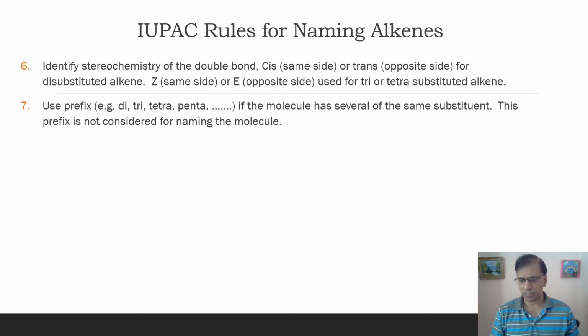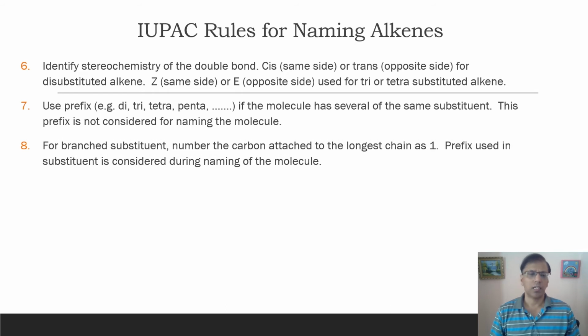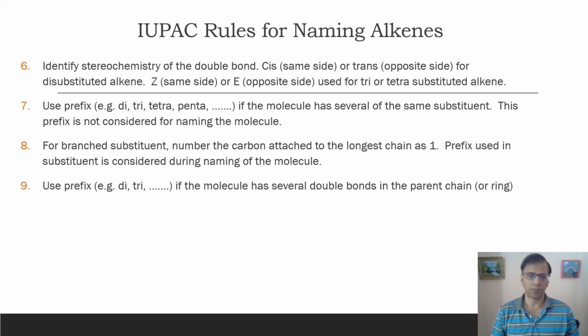However, remember that this prefix is not considered when putting substituents in alphabetical order during naming. If there is a branched substituent, as I mentioned earlier, the carbon atom attached to the parent chain or the longest chain is numbered 1. Prefixes for substituents are considered during naming the molecule. And if there are several double bonds, you can use the prefixes di, tri, and so on and so forth.